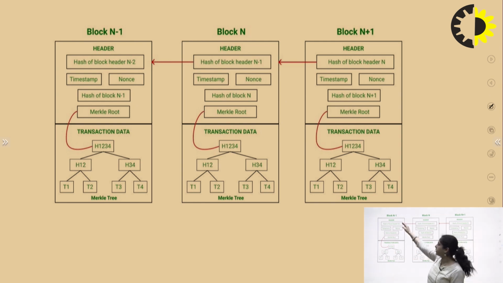Every block contains different data. In a single block, we can see the block header, the hash of the previous block, the timestamp, and the nonce which is generated by the miners.